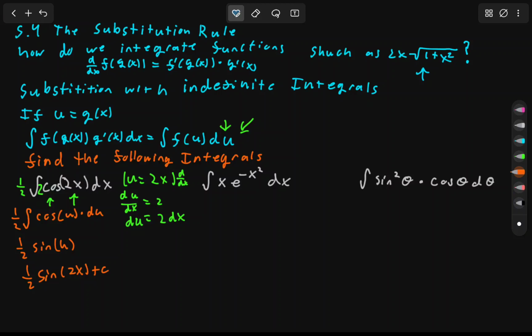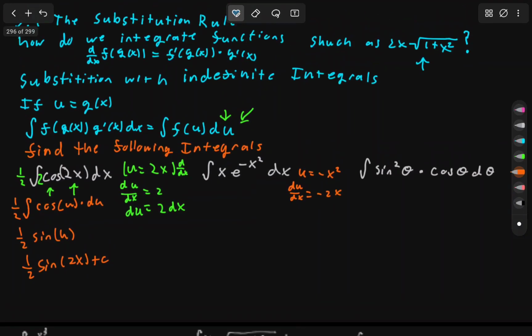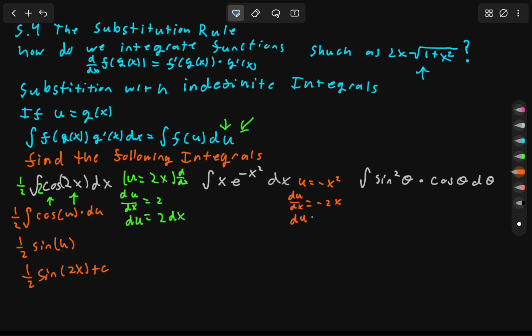So we're going to say our u, or the inside function, is going to be negative x squared. So then our differential du dx is going to be negative 2x. Solving for just du, we get negative 2x dx.